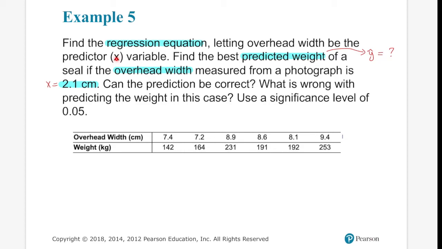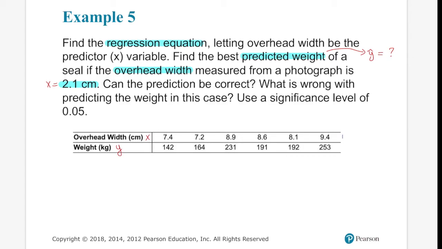In this case, they already told me that the overhead width is x, which means the weight is y. However, if they don't tell you, then when you read the question, they say, find the best predicted weight. They want to predict the weight. That means weight is your y, which means the other one should be your x.